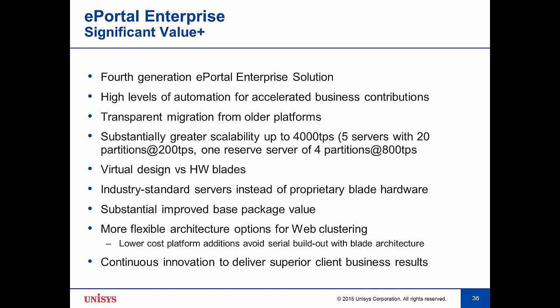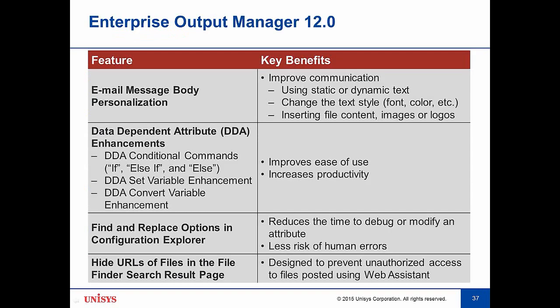Okay, thank you, Larry. Now we'll move forward to Enterprise Output Manager 12.0, which is included with MCP 17.0, and it has a number of enhancements. One of the things that EOM allows you to do is email output to recipients, and now you can personalize the body of the email that accompanies the attachment.